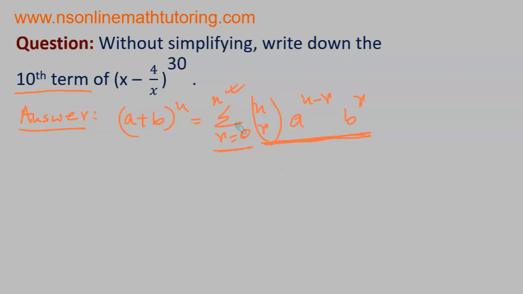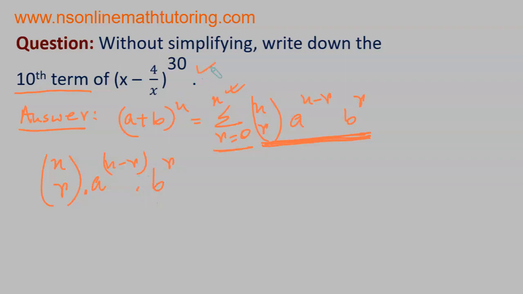When we are taking all the values of r, it becomes the total binomial expansion, and when we take just a single value of r, this part gives us a particular term for a particular value of r. So the general term expression is nCr, a raised to the power of n minus r and b raised to the power of r. Of course, you have the implied multiplication signs in between.